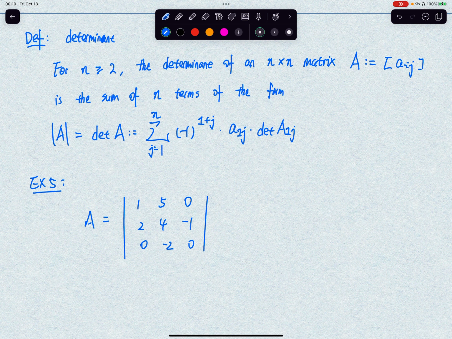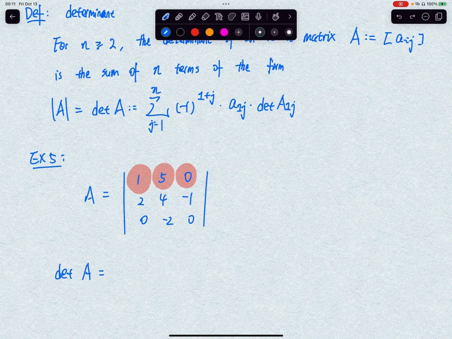Let us say that our determinant A equals, for example, if we are choosing the first row, that is 1, 5, and 0. So that means we use the first row. For example, A11. Then it is 1 plus 1, which is 2, so it is a plus sign, times A11, which is 1, and times the determinant of A1j.